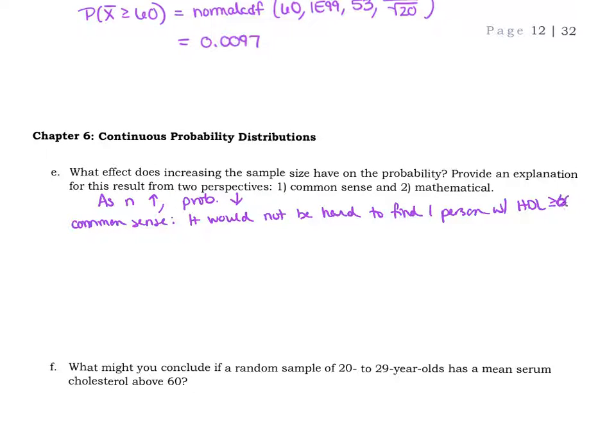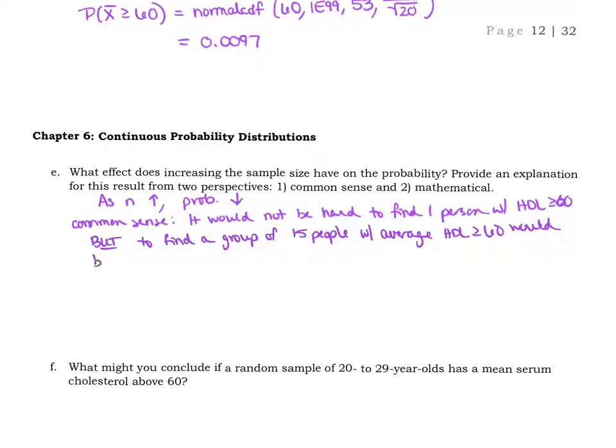But to find a group of 15 people with an average HDL greater than or equal to 60 would be more difficult.